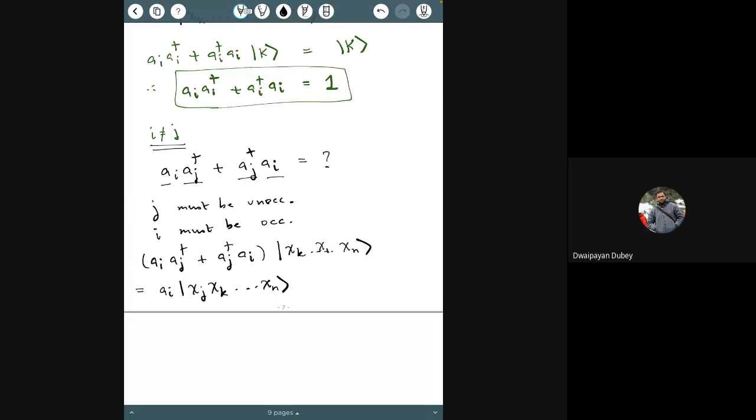From the second one, let's say I have chi I here, I will get a negative sign because I need to bring it in front. And then I have A_J dagger, and chi I is gone, and I have chi k in the middle.